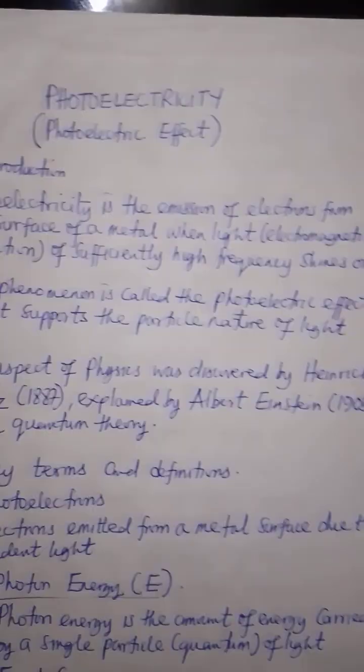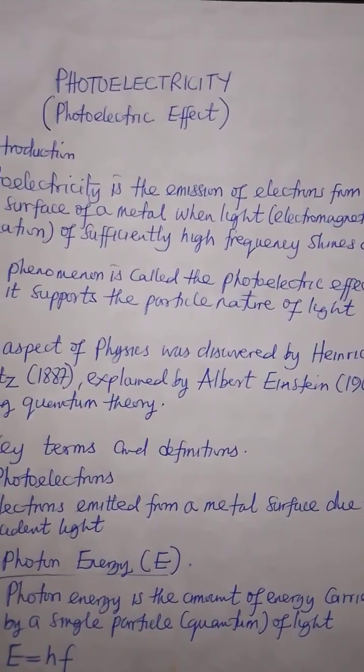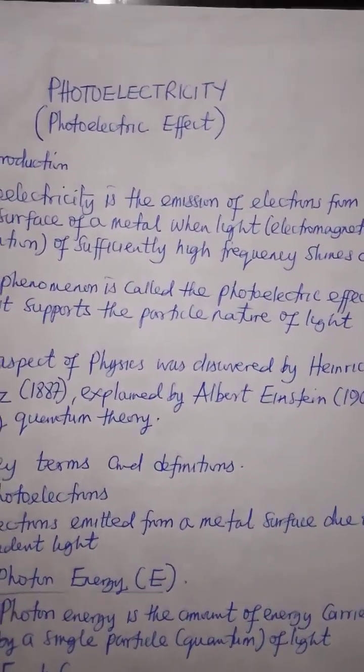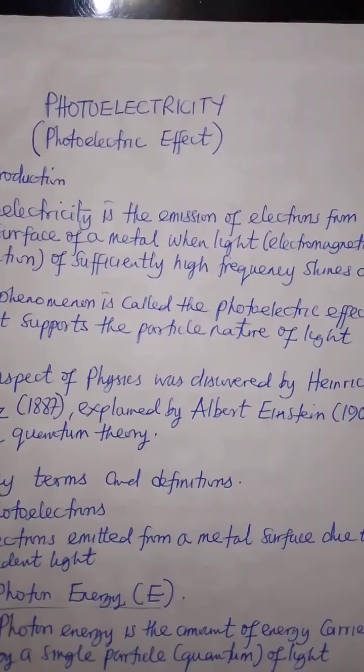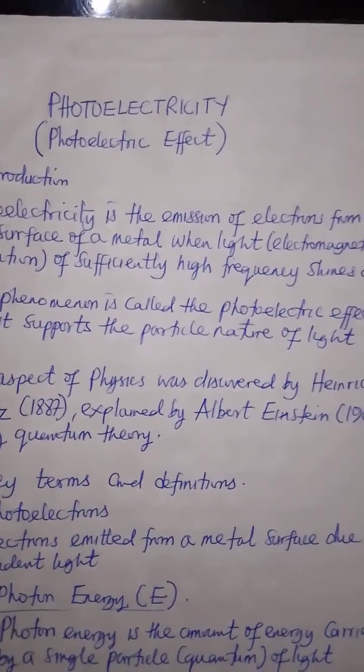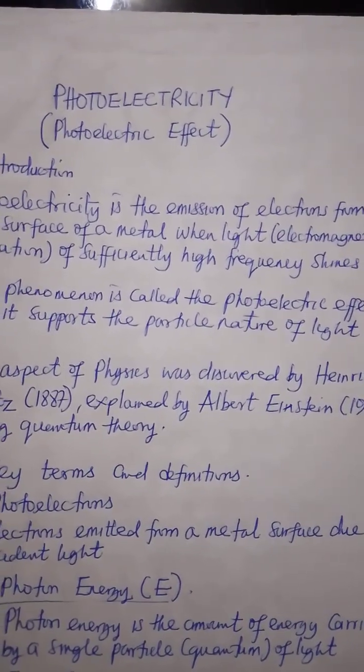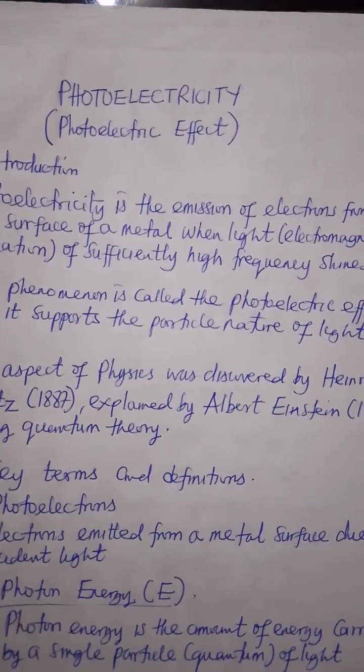When light of sufficiently high frequency shines on the metal, electrons are ejected, electrons are emitted.